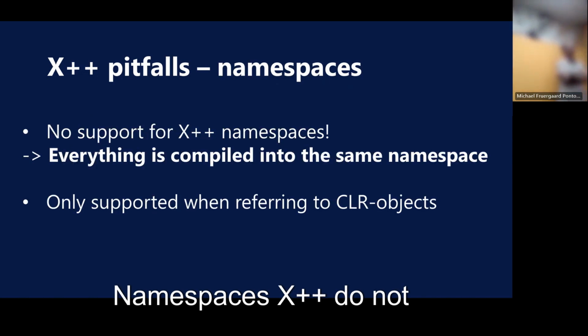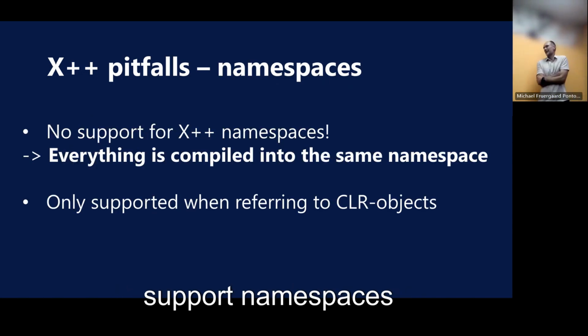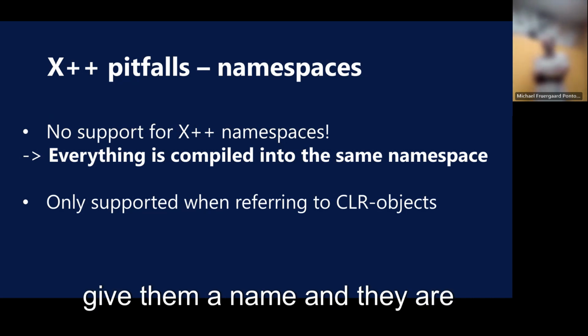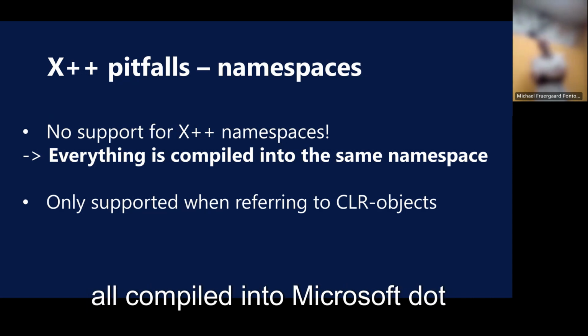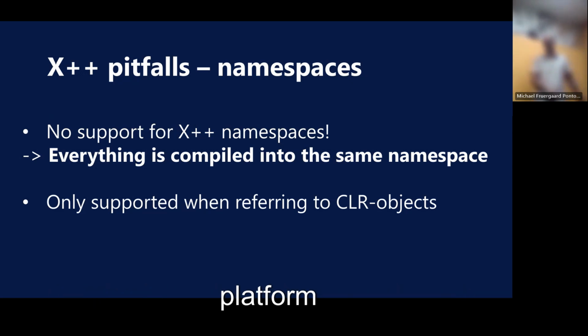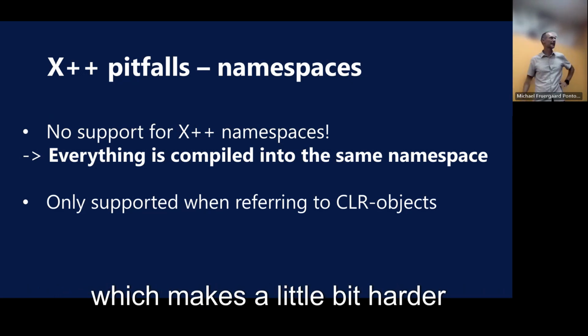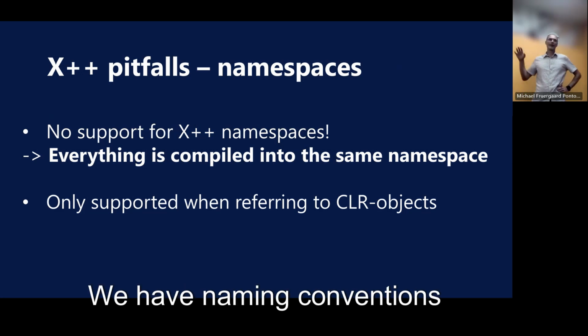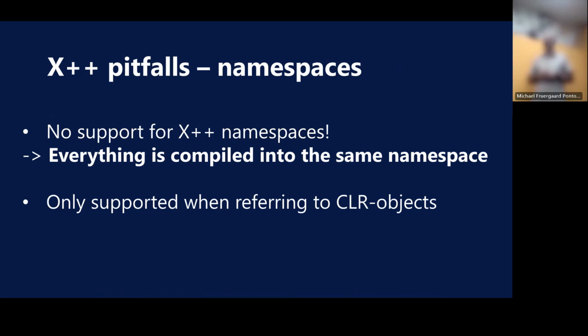Namespaces. X++ does not support namespaces. So we define all our types, give them a name, and they are all compiled into Microsoft.Dynamics.something. But that's hard-coded somewhere in the platform. So everything is in the same namespace, which makes it a little bit harder. So we have a way around it. We have naming conventions.